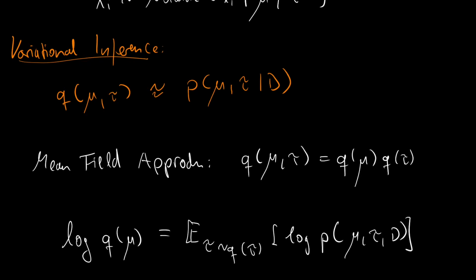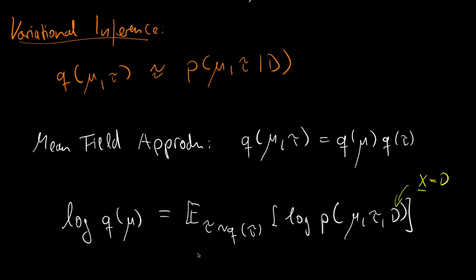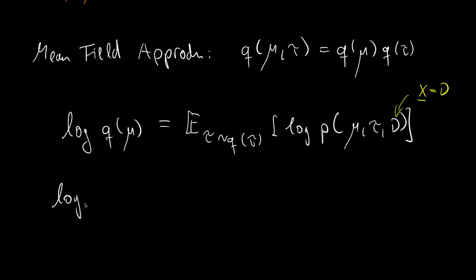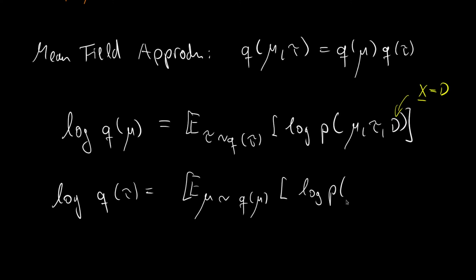And of course, recall, when we plug in the data here, we actually mean that the x vector is fixed to the data. And we can find a similar update equation for the other one, which will be log of q of tau is the expectation over mu over q of mu of the logarithm of the joint of mu and tau and the data, of course.